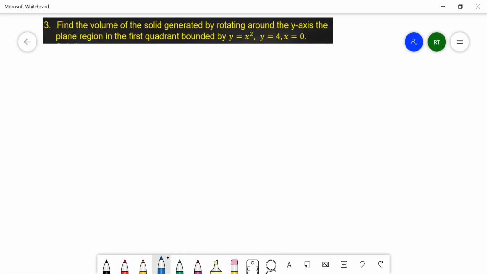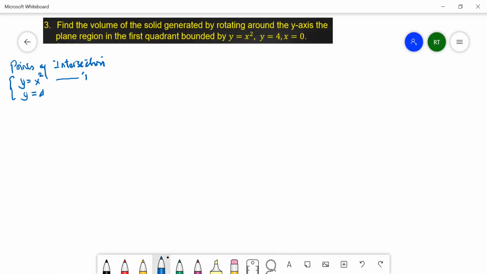So first we get the intersection of the parabola y is equal to x squared and the horizontal line y is equal to 4. We have to consider the system of equations y is equal to x squared and y is equal to 4.